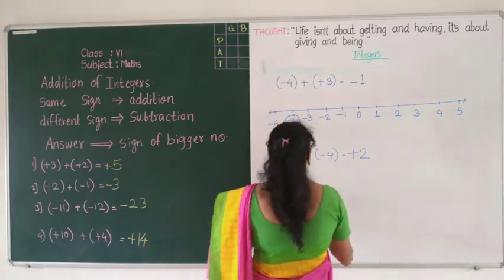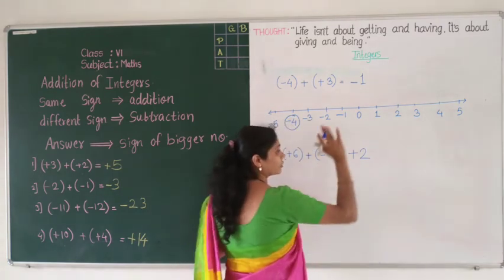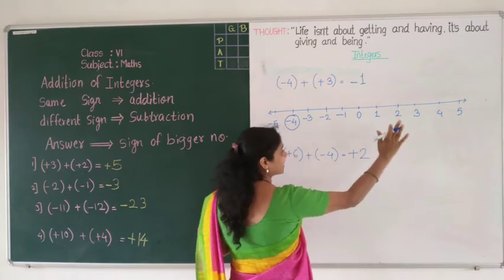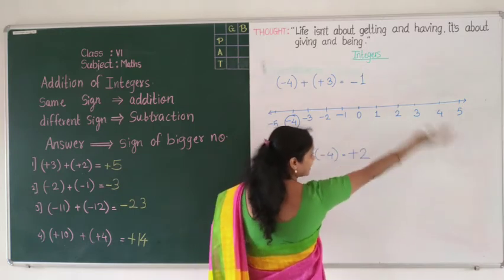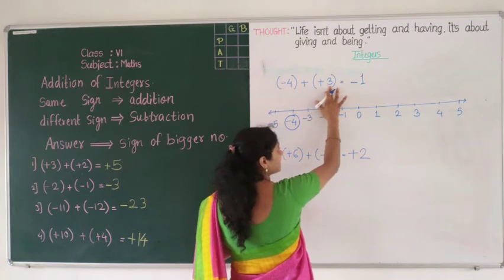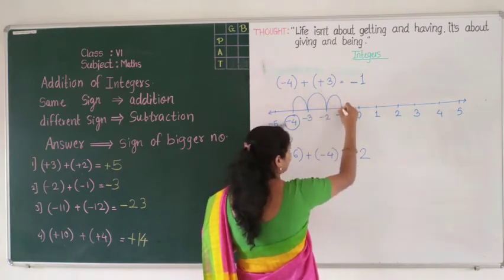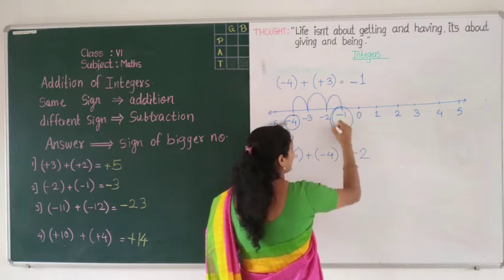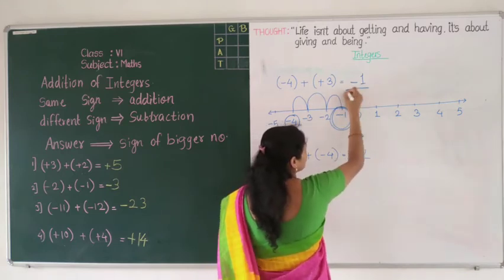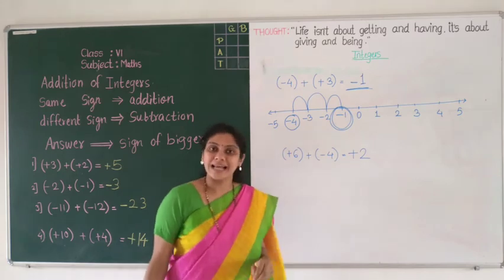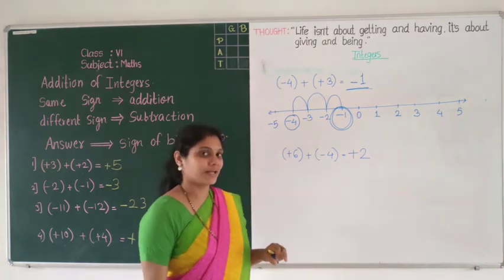So while solving a problem, we have to recognize our right hand side. That means I have to move to the right hand side. How many steps? 3 steps. So 1, 2 and 3, and this is my answer. So like this, with the help of the number line, we can solve this.